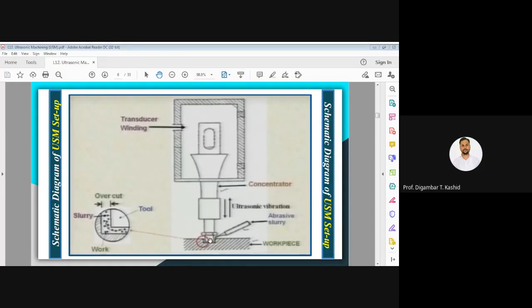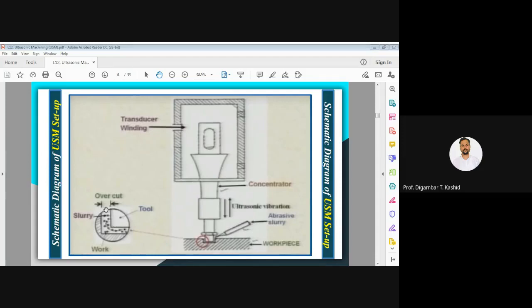Again you can see here a large view of this particular portion, whatever I have shown in red. Here a tool is there, then slurry, and then you have the workpiece. During this process an overcut is created through which the slurry has to go out.